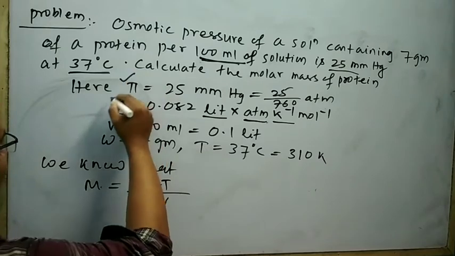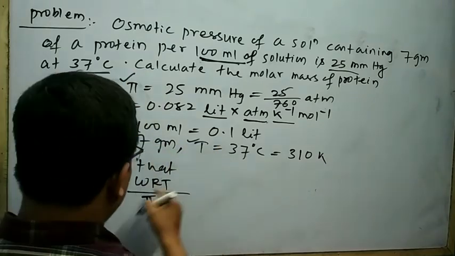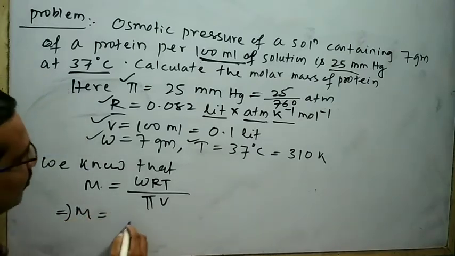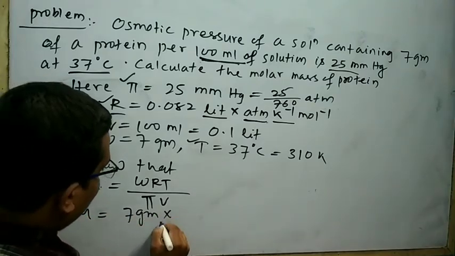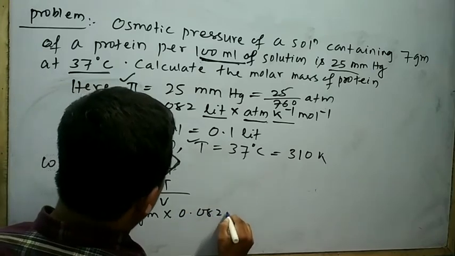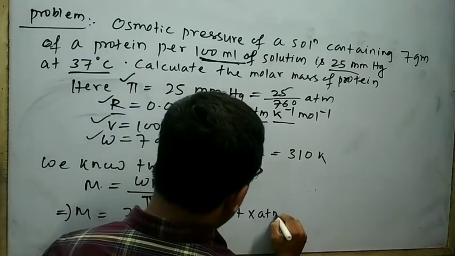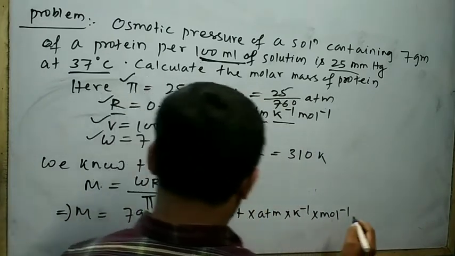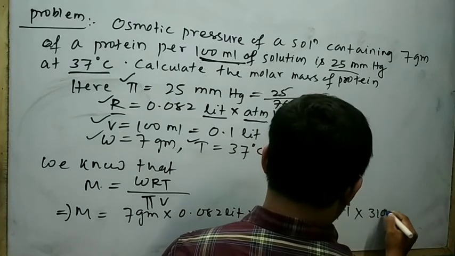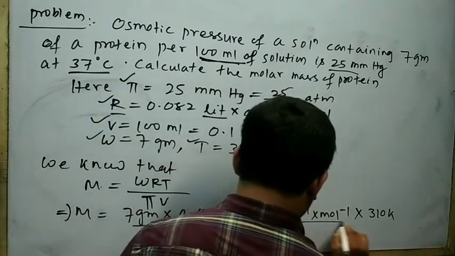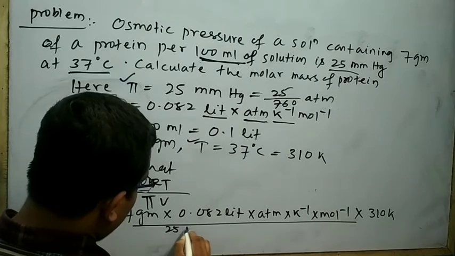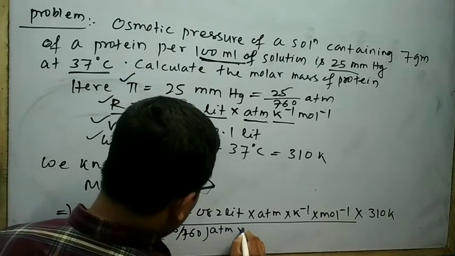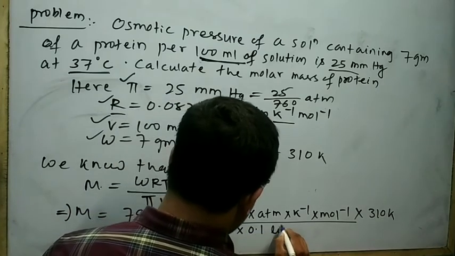Now put the values of pi, R, V, W, T in this equation. So I can write m equal to 7 gram into 0.082 liter atm per Kelvin per mole into 310 Kelvin divided by 25 divided by 760 atm into 0.1 liter.